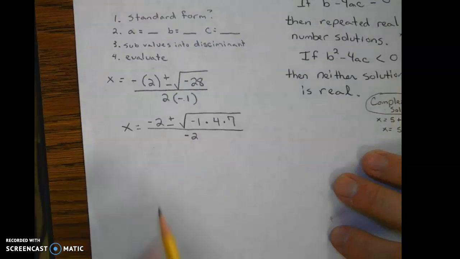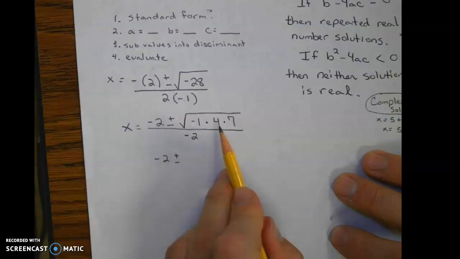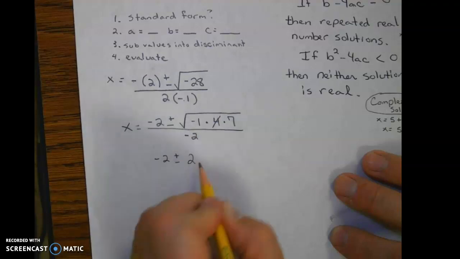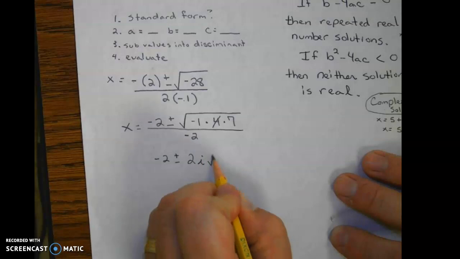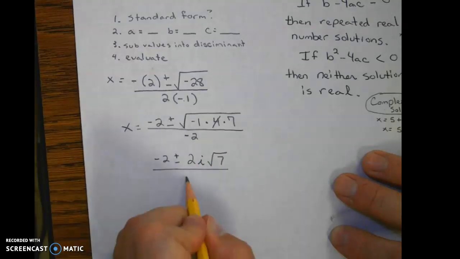So just like we've been doing in our warm-ups at this point. So we have -2 plus or minus the square root of 4, which is 2, the square root of -1, which is i, and then our radical 7 goes on the end, all over -2.